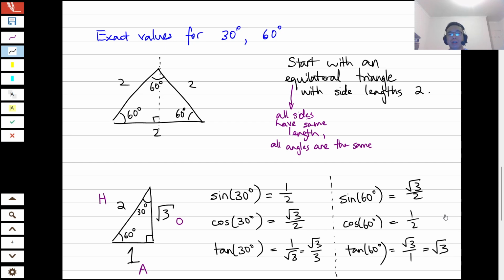Don't just try to memorize it with a table. I think you'll pick this up and remember it if you use these results enough times. So if you only use it once a week, you won't remember it, but if you use it every day for 3 weeks, you'll start to remember that sine 30 is a half, and that tan 60 is root 3, and so on.